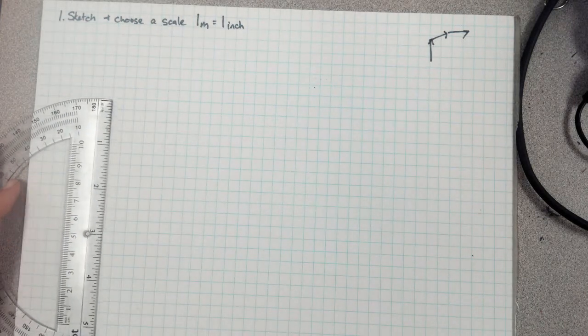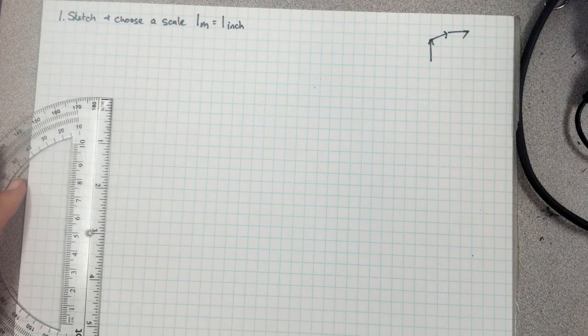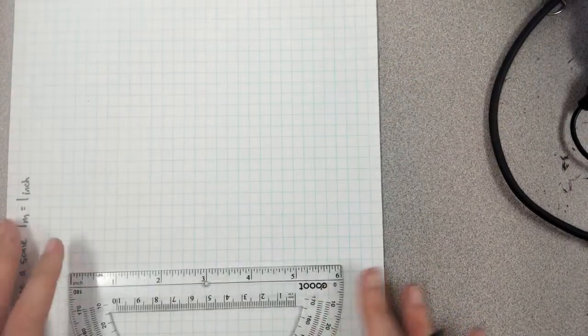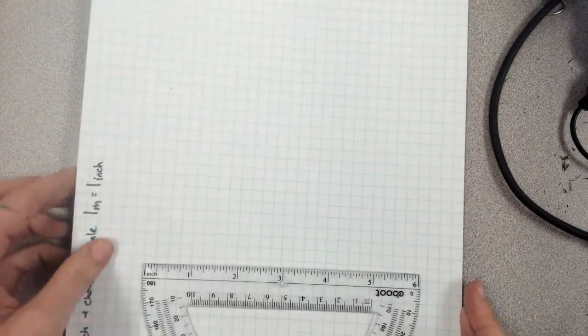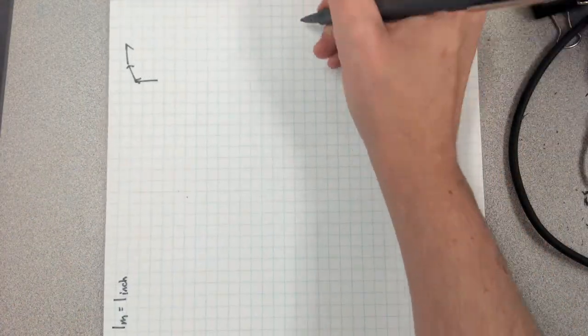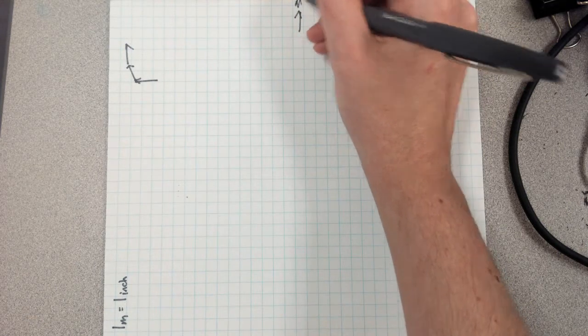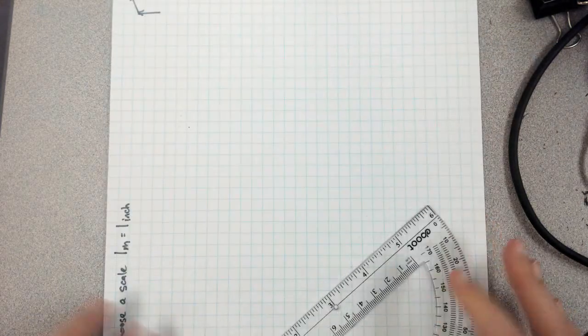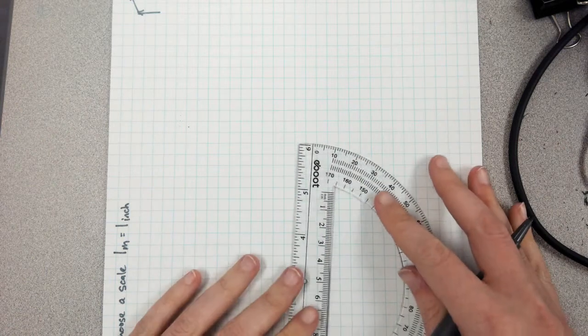So first thing we need to do is go 8. If I'm doing inches, I need to turn my paper this way. So I'm going to change it so that north is this way, because otherwise I would run off the paper, and I don't want to do that.